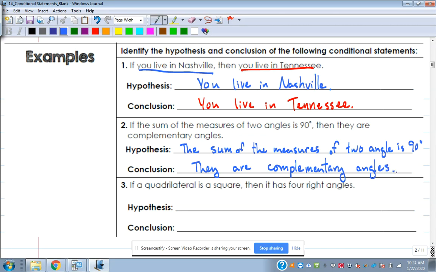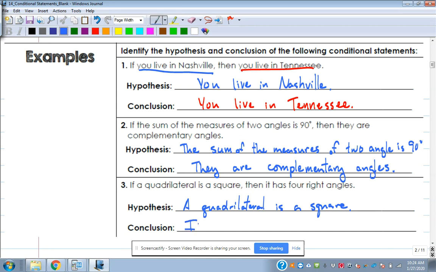All right. Number 3. If a quadrilateral is a square, then it has 4 right angles. So hypothesis is about the shape there. A quadrilateral is a square. So what does that mean a quadrilateral is?